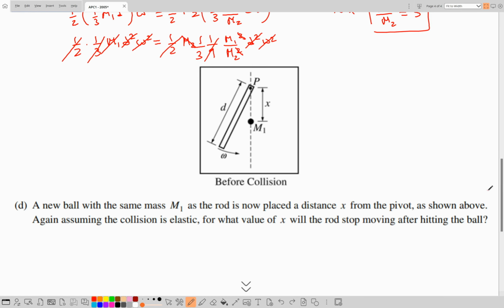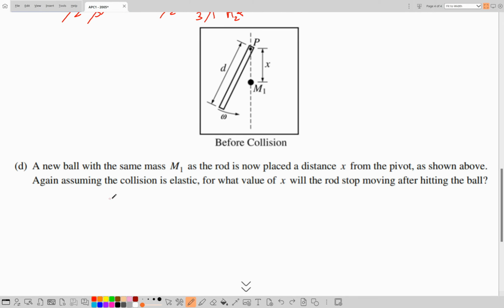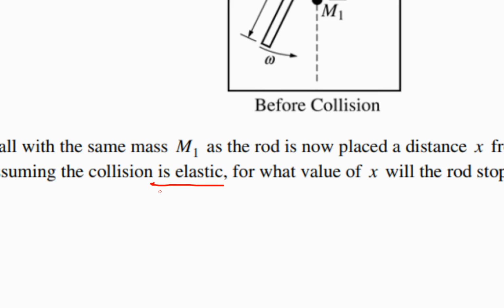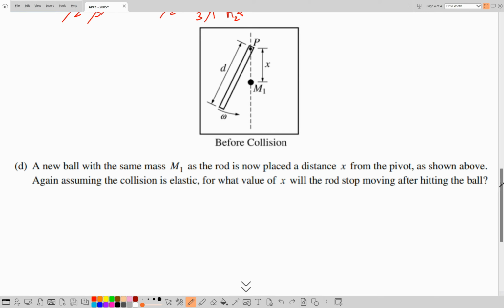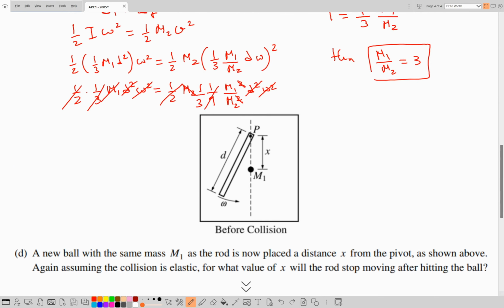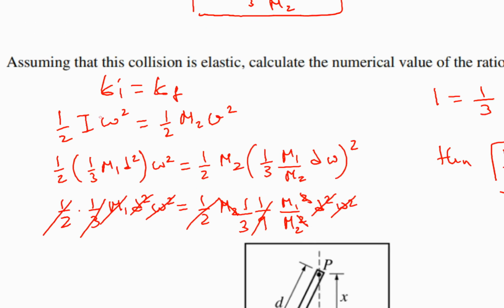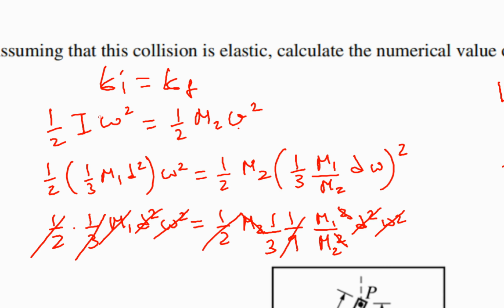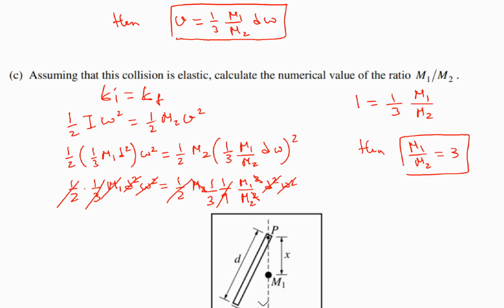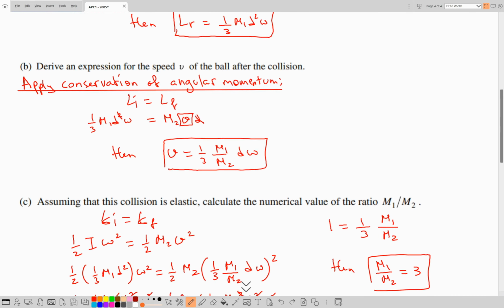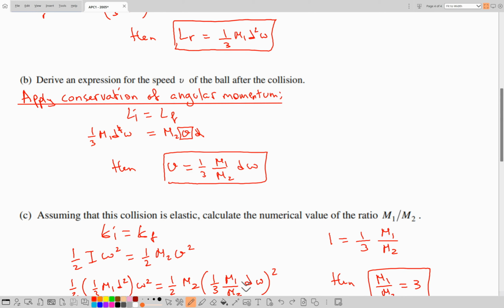Now, in order to do so, because they are referring to the collision as elastic, for sure we need to use the conservation of kinetic energy. But if you notice carefully, here we have used the conservation of kinetic energy, but v, the speed of the ball after collision, was related to omega, and this was achieved by using the conservation of angular momentum.